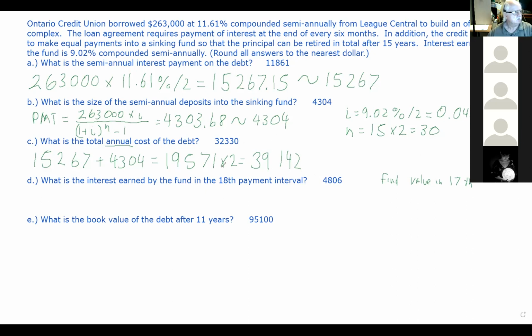Let's figure out the numbers we need here. 263,000 and 11.61, 15 years. That's good. And the interest rate on the fund is 9.02.